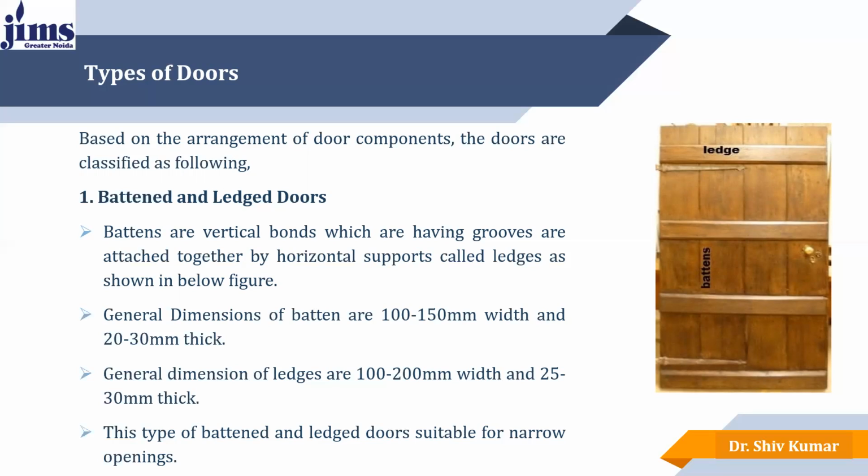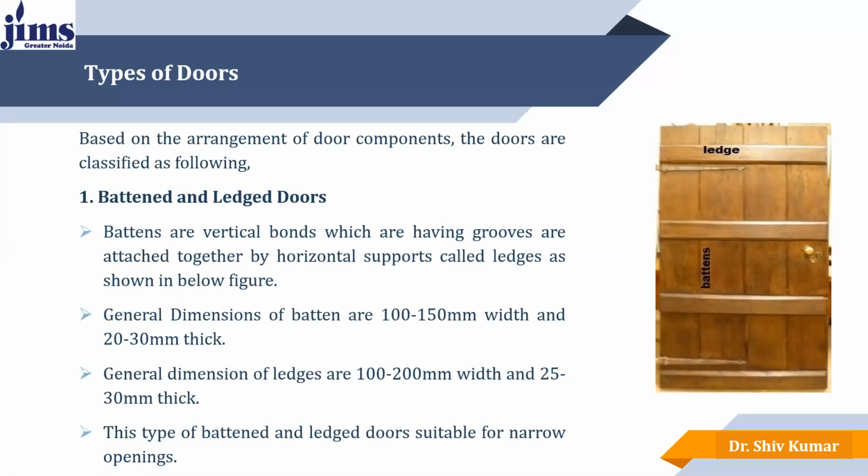So in the batten and ledge doors, you will see in the image there are 2 members, one vertical and one horizontal. The vertical wooden members are called the battens, and the horizontal is known as the ledge. So basically, this door is made up of 2 components, 2 parts, known as batten and ledge.